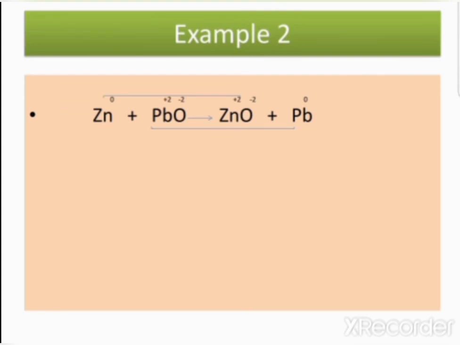In this reaction, the oxidation state of zinc increases from 0 to plus 2. Therefore, oxidation takes place. Whereas the oxidation state of lead decreases from plus 2 to 0. Therefore, in this reaction, reduction takes place.